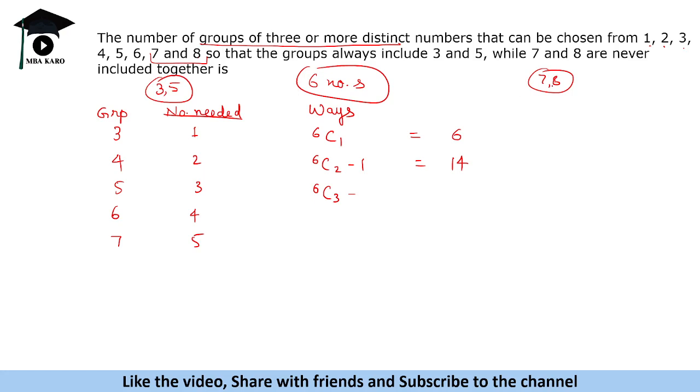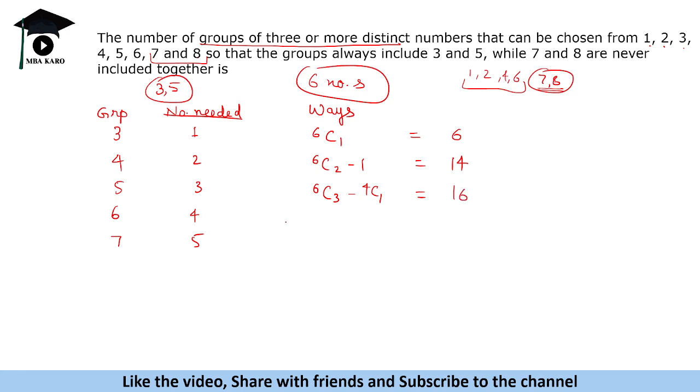So we need to pick one more out of the remaining four: the numbers are 1, 2, 4 and 6, since 3 is picked. So we have to exclude these cases. So we get 20 minus 4, that is 16.